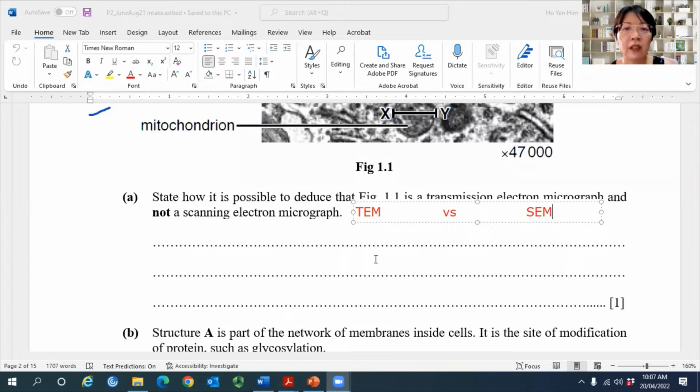Cassandra? What do we use? Light microscope, we use light. Electron microscope, what do we use?